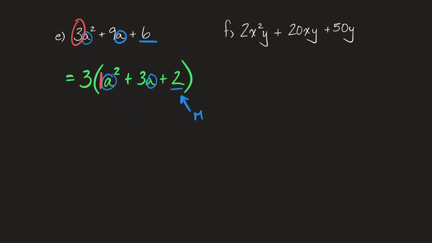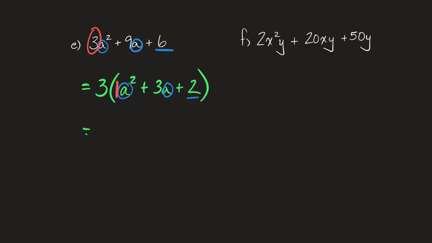So if I get rid of that blue, I am hoping that we can see we would still have the 3 that we had from our first factor. And now I could factor that into an a plus 2 times an a plus 1. Two numbers that multiply to give 2 and add to give 3, 2 and 1.